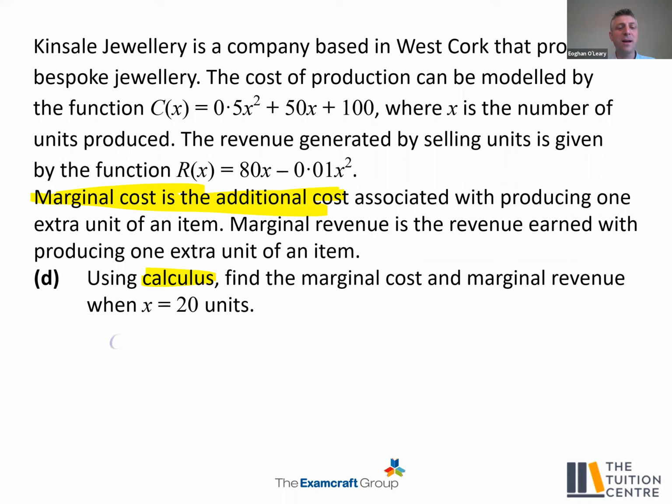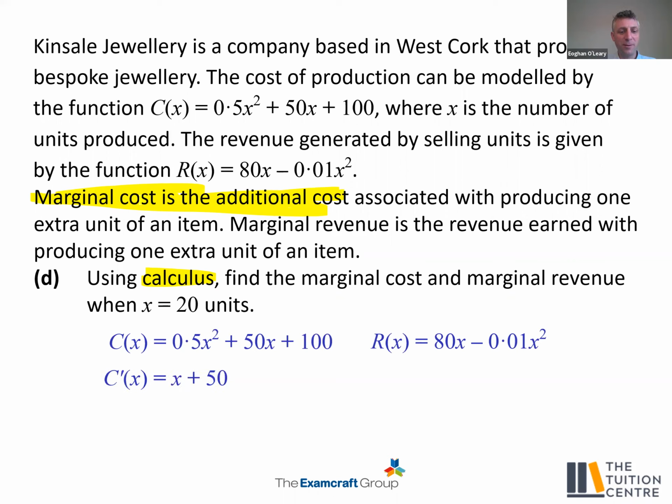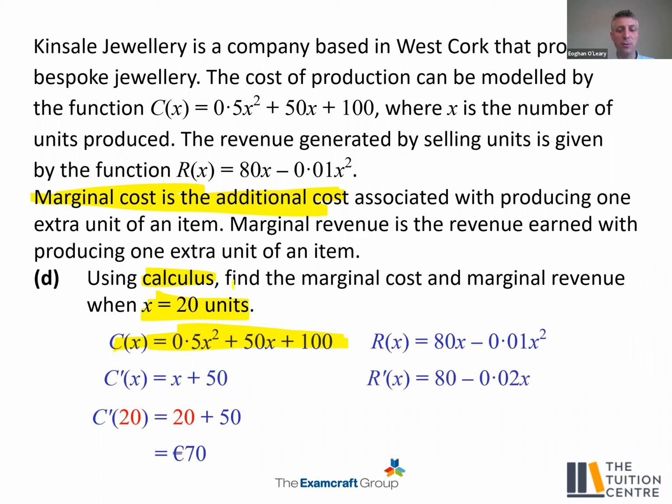And so what is it? How do you get it? You get it by differentiating your cost function. So the cost function is here. Using differentiation, you get C'(x), the first derivative, is equal to x plus 50. And then when x is 20, so it's for 20 units, you're going to get the marginal cost to be 70 euros.